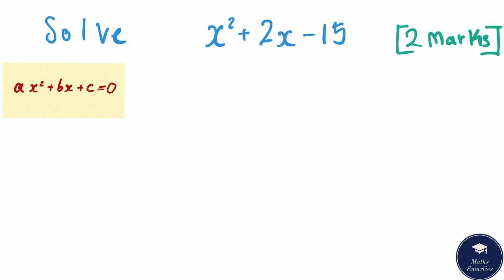Okay, lastly, it is completing the square, okay? This is the most challenging one that most students find, and there are two different types of completing the square. One, when a equals 1, and second, when a does not equal 1, meaning it could be negative, it could be more than 1, okay?